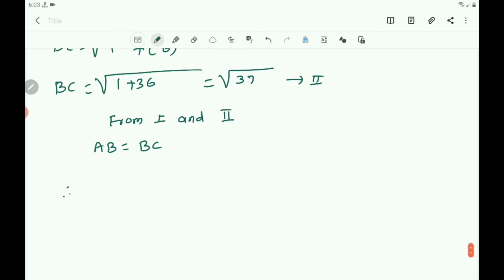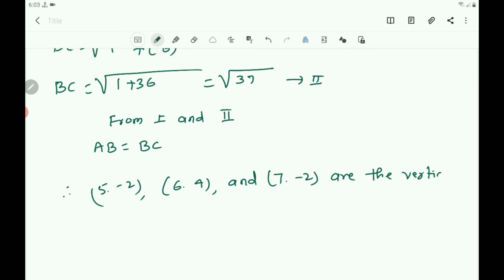Therefore 5 minus 2, 6, 4 and 7 minus 2 are the vertices of isosceles triangle.